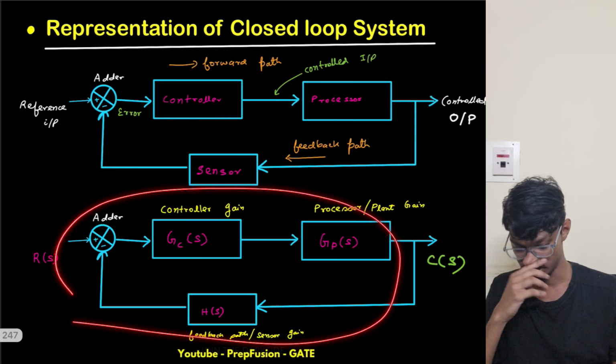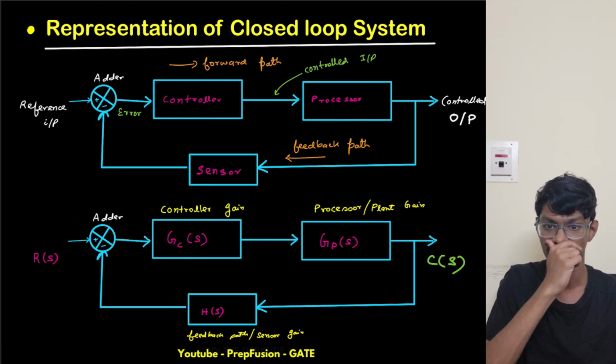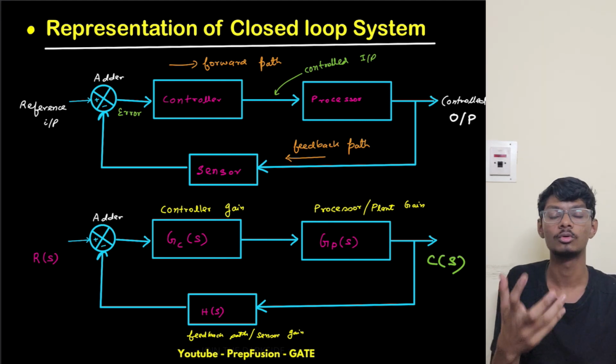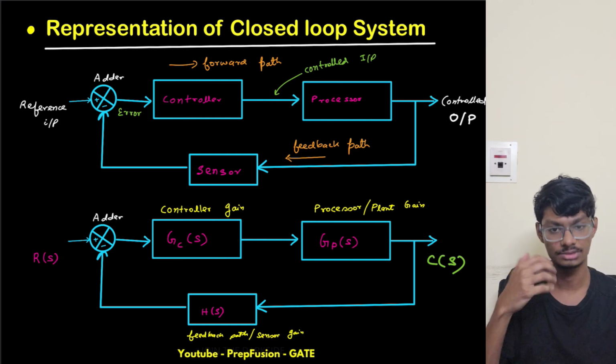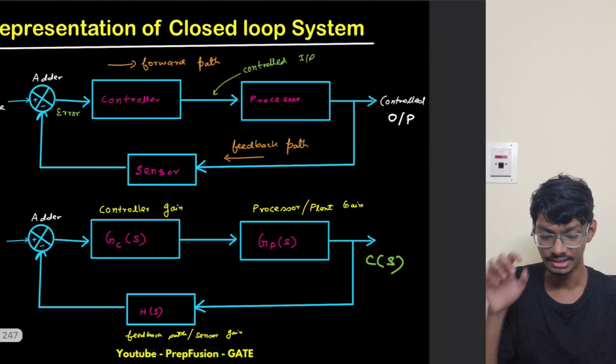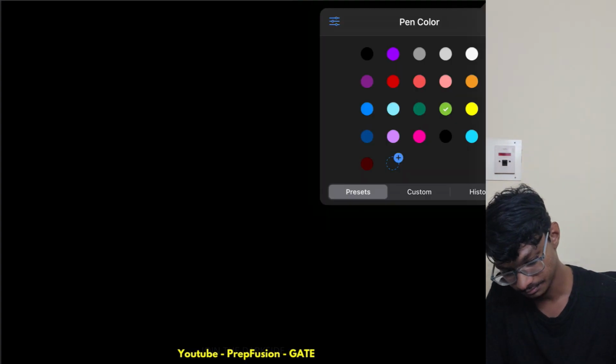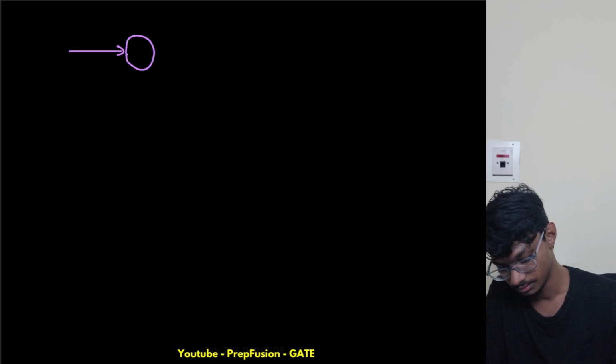Now what I need to do is find the transfer function for this. I'll write this in one block only. Block diagram, I hope you know a bit of it. If you don't know, don't worry, we'll study it in the second chapter, but just bear with me for 10 minutes. This is very easy and simple to understand. Let me write this up pretty quick because the lecture has already gone a bit lengthy.